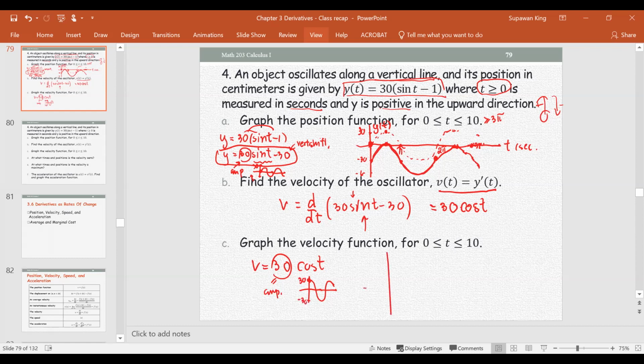To sketch the graph of the velocity function, which is y prime or v, at the point 0, let me make some more room. So 30 here and negative 30 as the lowest point. At the beginning it is 30, and again the period of the cosine is 2 pi.